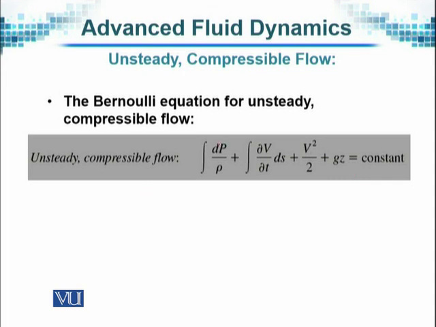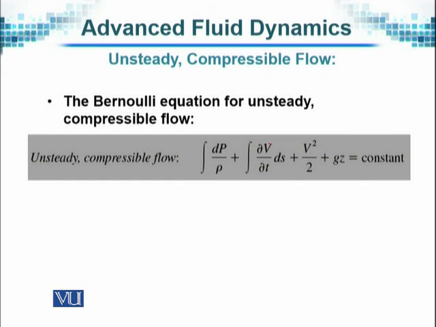P over rho, इसी से हमें P over rho मिला था, but then we had considered that rho is constant. But if it is not, then we write the term as integral dP over rho. For unsteady, to take care of the unsteady motion, we have to see that the velocity will be changing. तभी वो unsteady बनेगी.